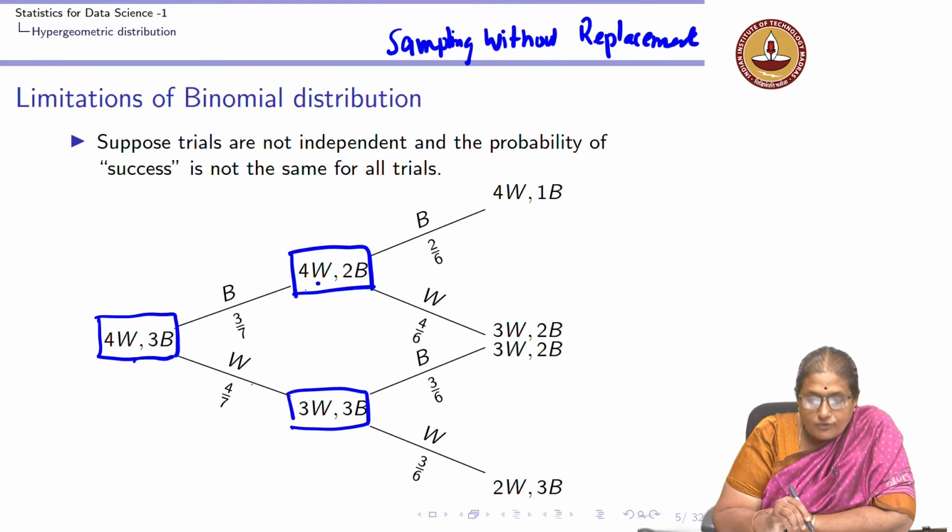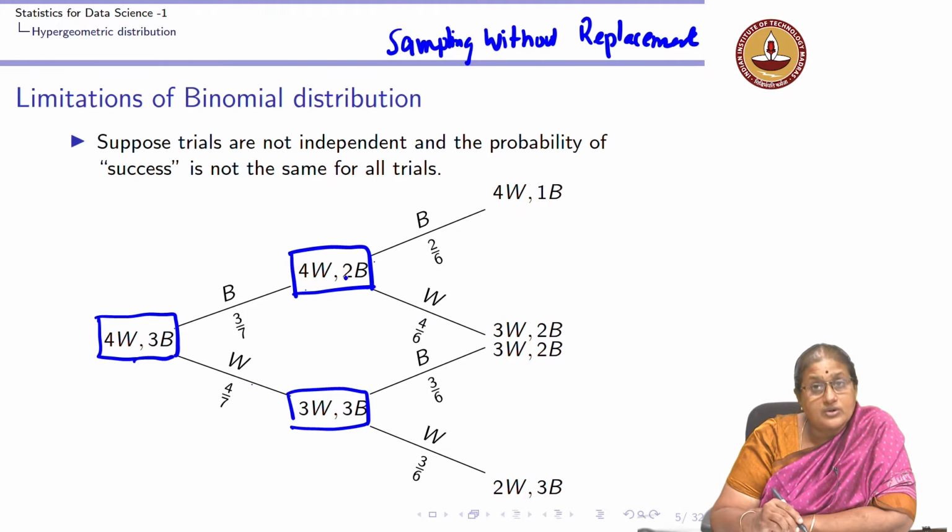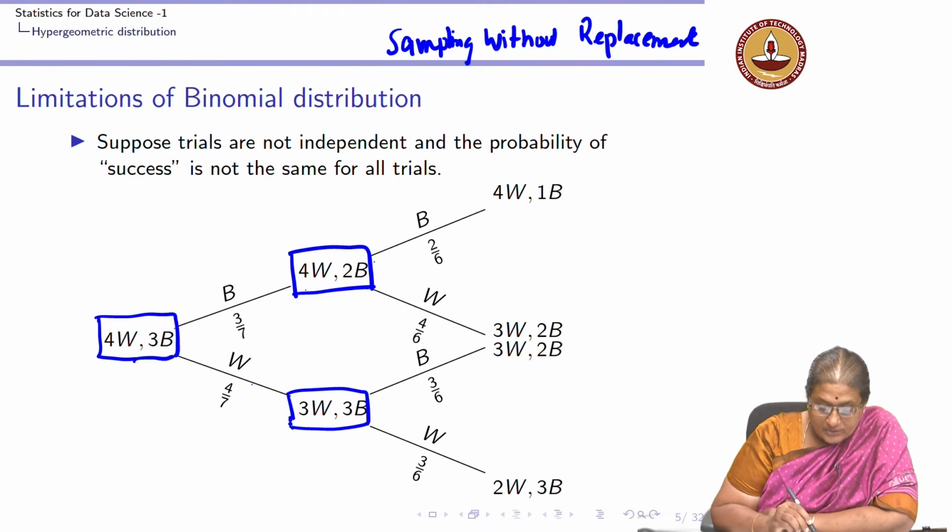Now, when I have 4 white and 2 black balls, again the outcomes are I can either draw a black ball, but now the chance of me drawing a black ball is not 3 by 7, it is 2 out of 6. Similarly, the chance of me drawing a white ball is 4 out of 6. Now coming to this branch, again I can draw a black ball.